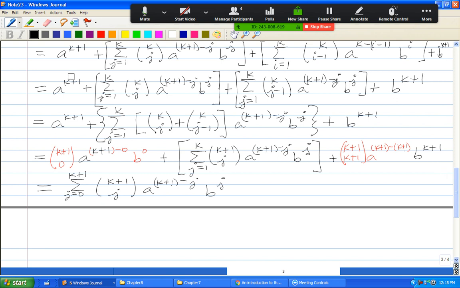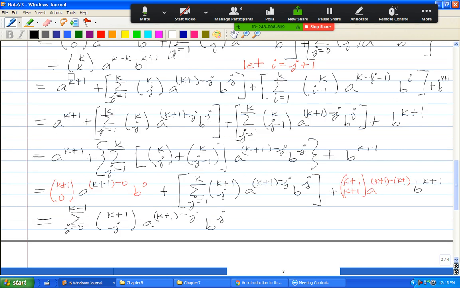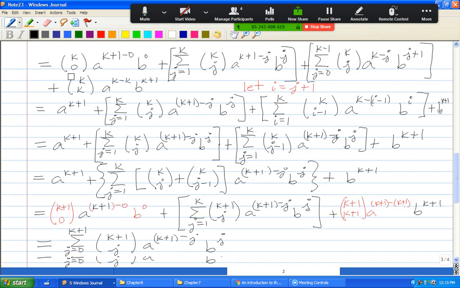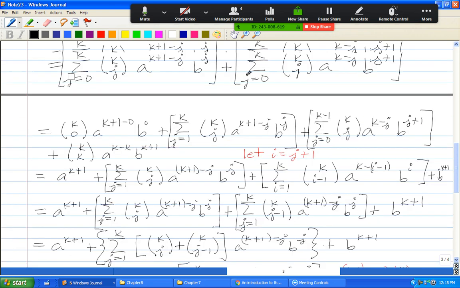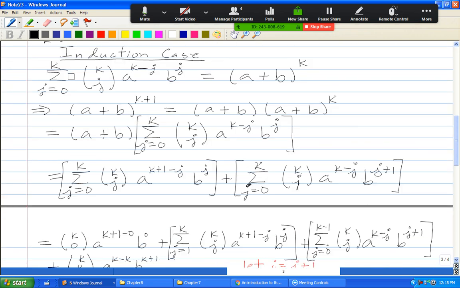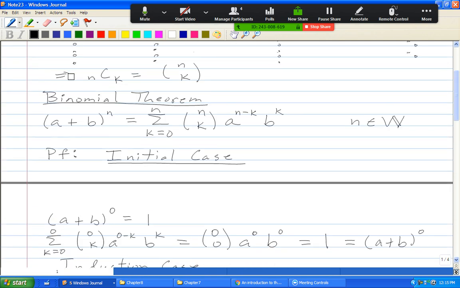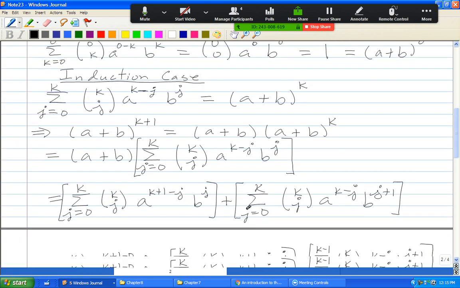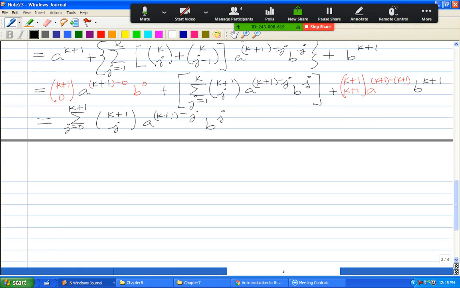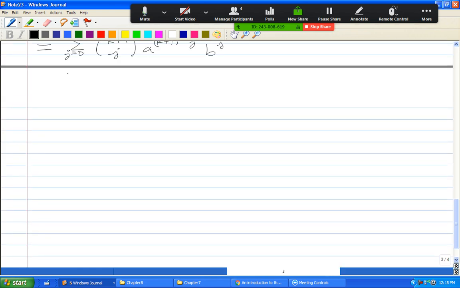And so I've shown that if I replace n by k+1, this formula also works. So I've shown that the induction step works. Therefore, by the principle of mathematical induction, this formula works for all n.